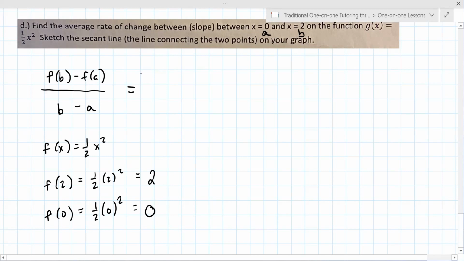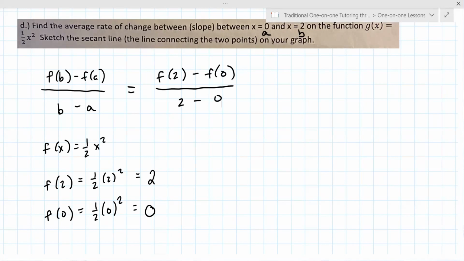Okay, so now we're going to use the fact that b is 2 and a is 0, and we're just going to write this in: f of 2 minus f of 0 over 2 minus 0. I've mentioned this a few times. These numbers have to match up. 2 and 2 match up, 0 and 0 match up. Let me write that down.